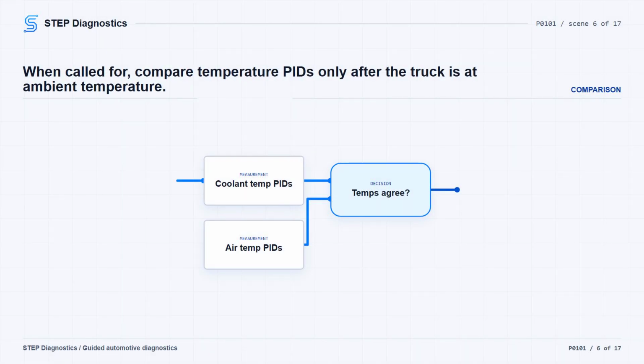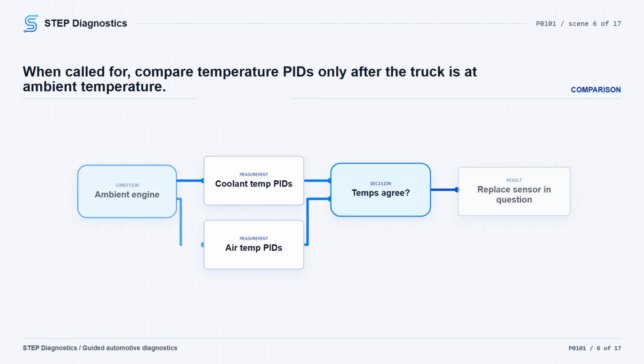There is also an IAT correlation branch when that air temperature path calls for it. Check the temperature values with the engine at ambient temperature, and cold soak the engine for a minimum of 8 hours while not in direct sunlight if needed. With the ignition off, connect the MAP sensor connector and IAT sensor connector. Then turn the ignition on and compare the applicable air, coolant, charge air, and IAT temperature PIDs.